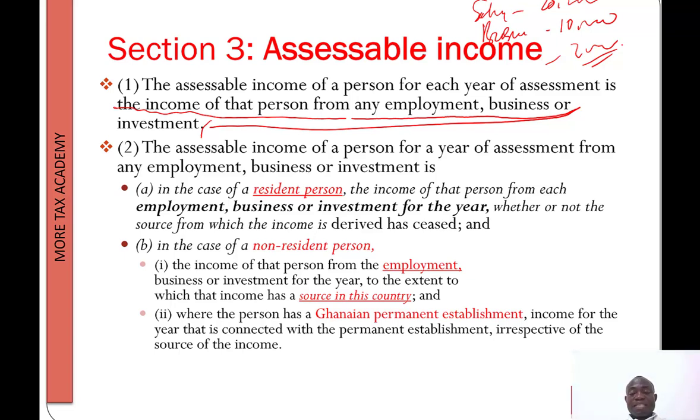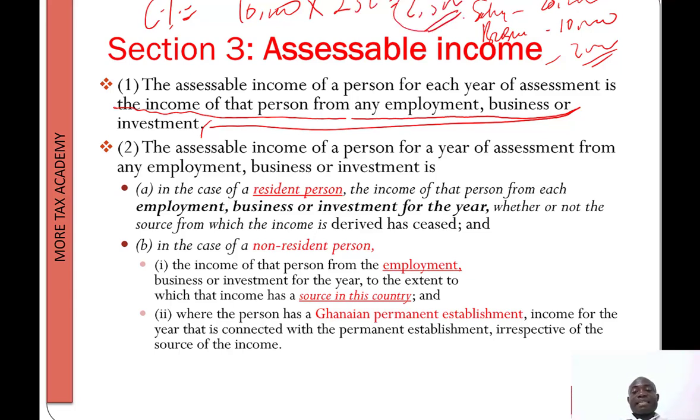But mind you, we have said that chargeable income is the income that we are going to apply the tax rate to. In other words, that is the income that we must charge the tax on. That's why we call it the chargeable income. If your chargeable income is 10,000, and we apply the tax rate, let's say 25%, then we get 2,500.